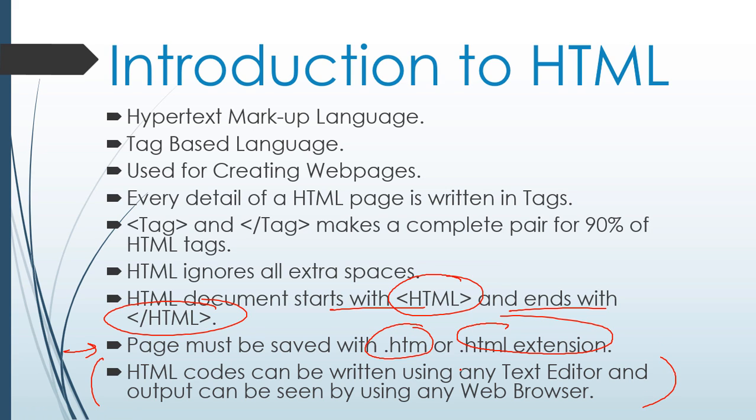Now next thing, HTML code can be written by using any kind of text editing software. Any text editor you can use for writing HTML programs. I do suggest you use either Sublime Text or Notepad++.